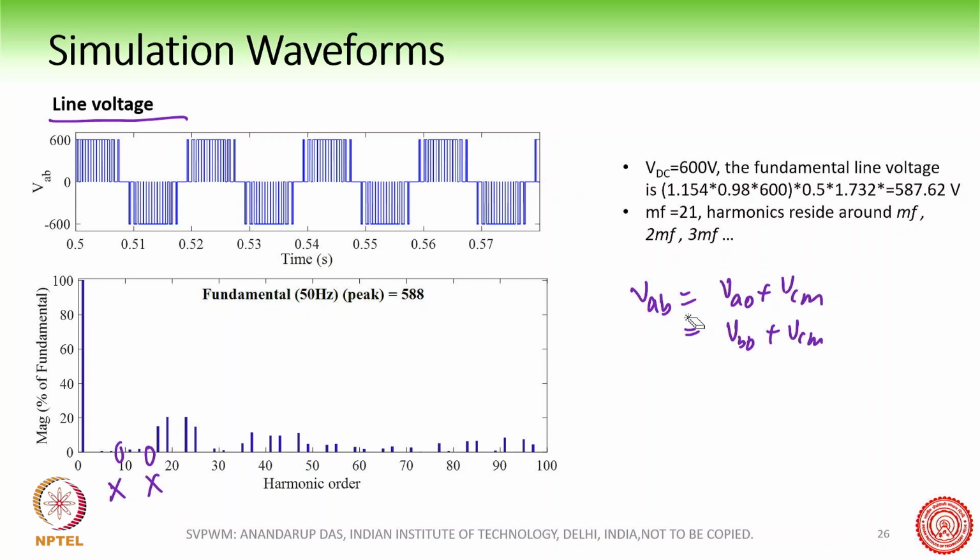So the VCM and VCM actually get cancelled out here. So in the line voltage VAB, we do not get the common mode voltage anymore. Therefore the common mode voltage, or the triplen harmonics which we are using in space vector PWM, only comes in the pole voltage. It does not come in the line voltage, and therefore it will not appear in the line current also, right?